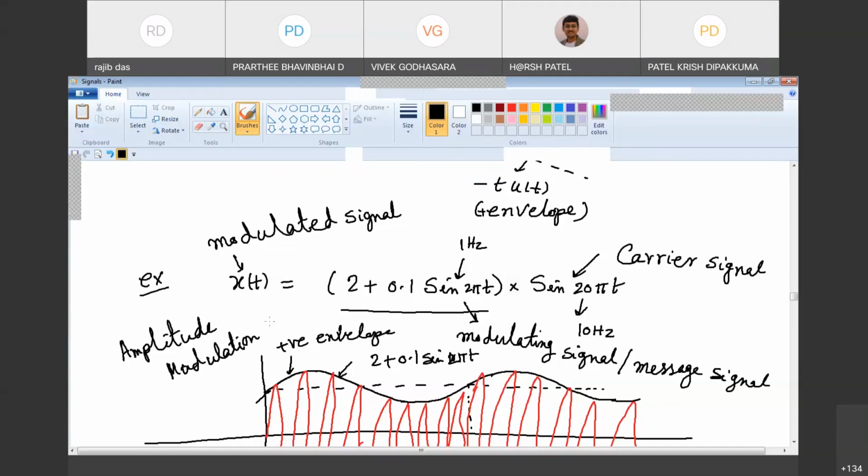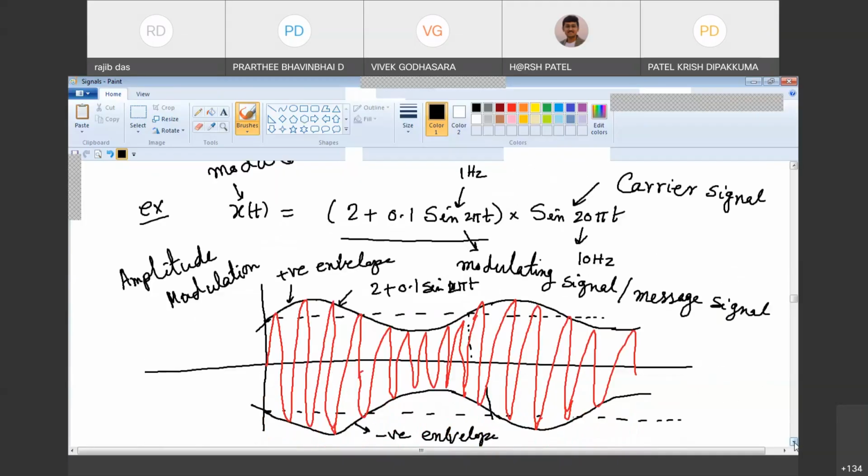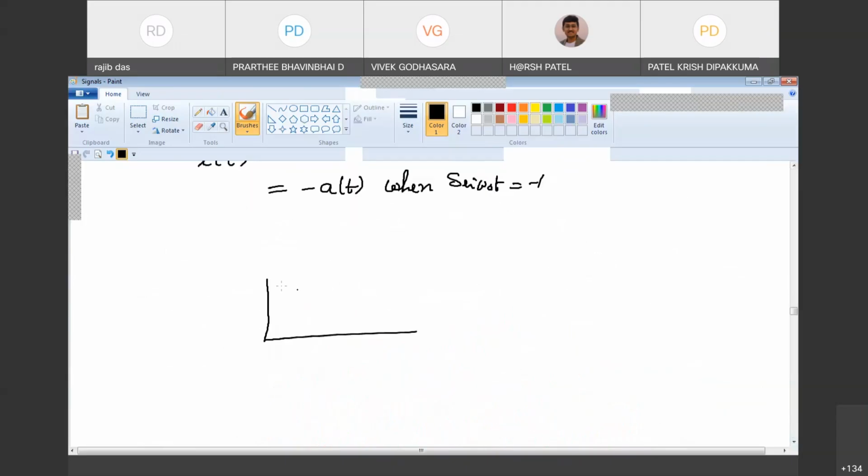So what is amplitude modulation? Consider the AM modulator block. Suppose I have a message signal, 0.1 sine 2 pi t, that is the message signal.